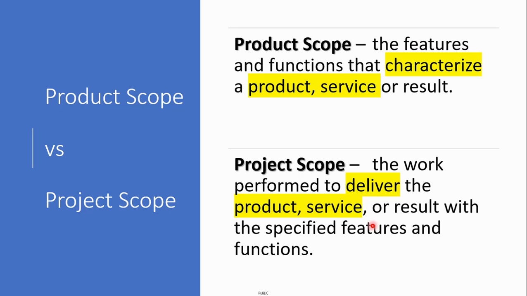That might include testing, procuring the raw materials, communication plans, user acceptance testing, dry tests, and so forth. So the product scope is directly related to the functions that characterize the product, and the project scope is a larger body of work, the work that needs to be performed in order to deliver the product or the service.